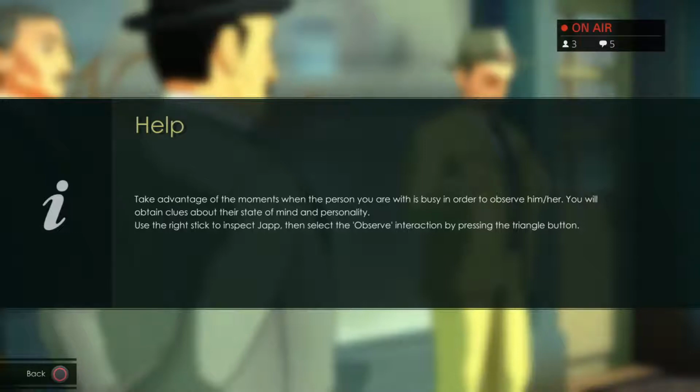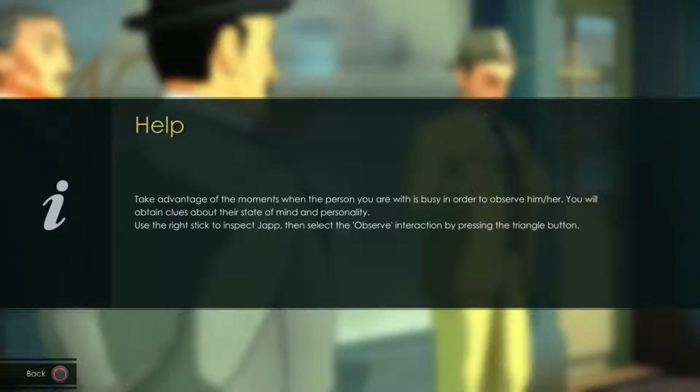All right. Take advantage of the moments when the person you are with is busy in order to observe him or her. You will obtain clues about their state of mind and personality. Use the right stick to inspect Japp, then select the observe interaction by pressing the triangle button. Okay.